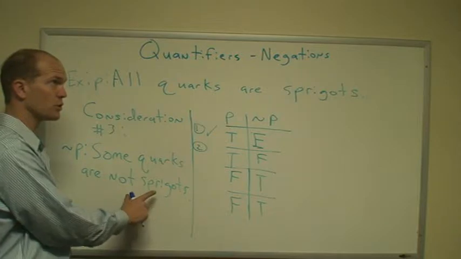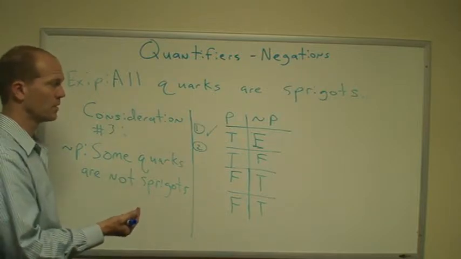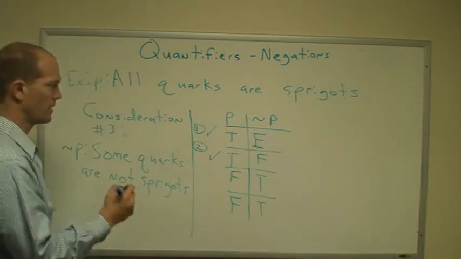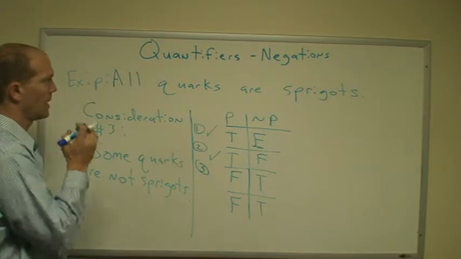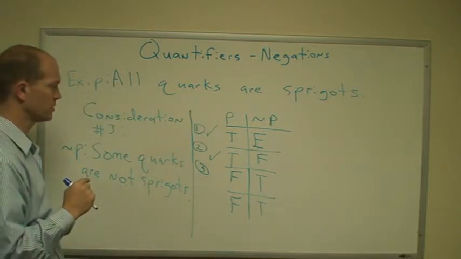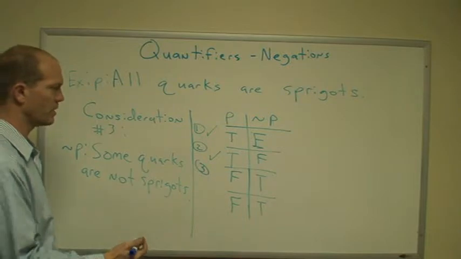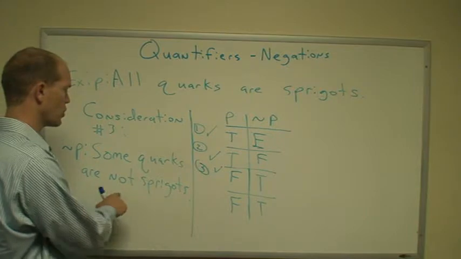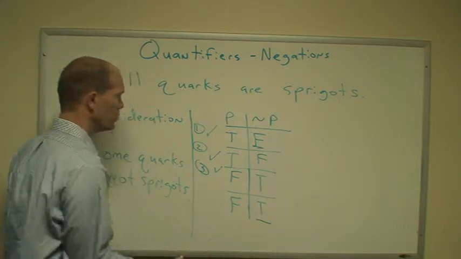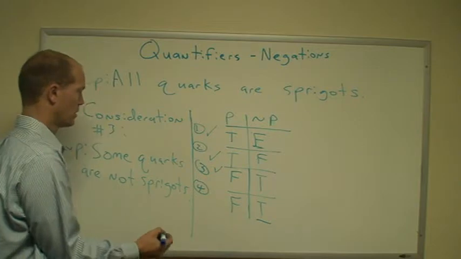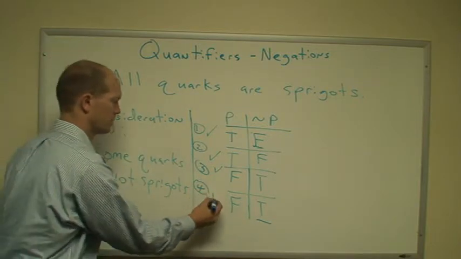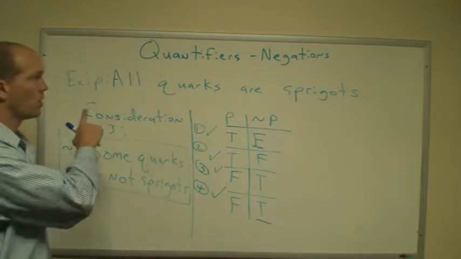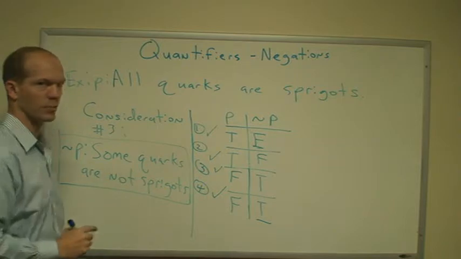If it's not true that some quarks are not spriggans, that means all of the quarks are spriggans. That looks good. Coming down to step 3: if it's false that all quarks are spriggans, then there has to be at least one quark that's not a spriggan. This would be true. Assuming that some quarks are not spriggans is true, here the fourth case, we can't have all the quarks be spriggans. That looks good. So in fact, our negation of "all quarks are spriggans" is indeed "some quarks are not spriggans."